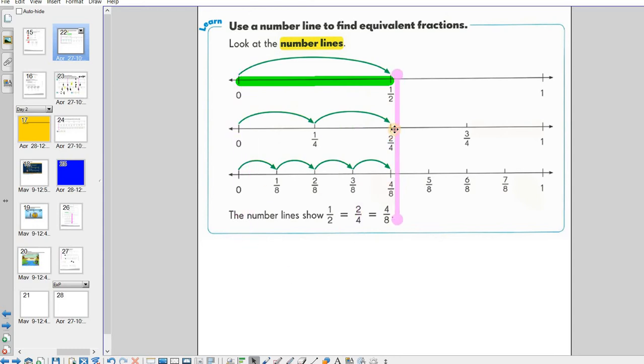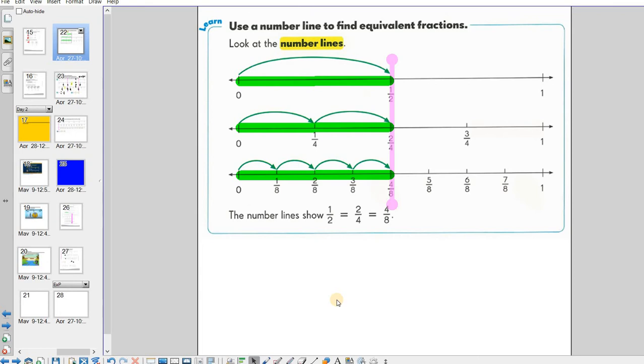And when I compare that to 4ths and 8ths, I can see that the distance is the same, but the number of pieces, or in this case, the number of hops, changes. When I write equivalent fractions, I write them to show that they are equal to each other. So those are some of the big ideas that we already know about equivalent fractions.